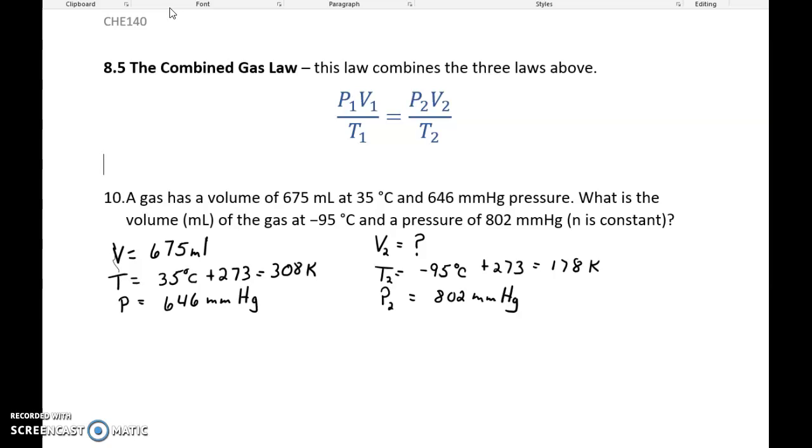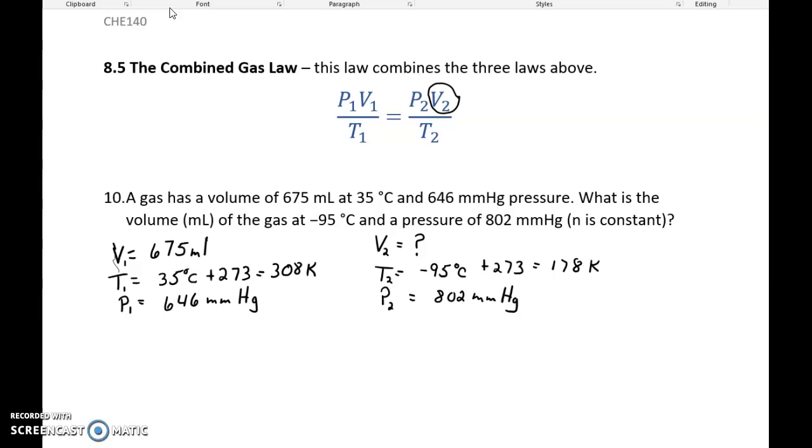Okay, so for the problem we're going to be doing, we're going to be using this equation up here. And let's put ones by these. These are all our initial values. V2 is what we don't have. This is the one we'll be solving for. So in order to solve for it, we want to get V2 by itself.